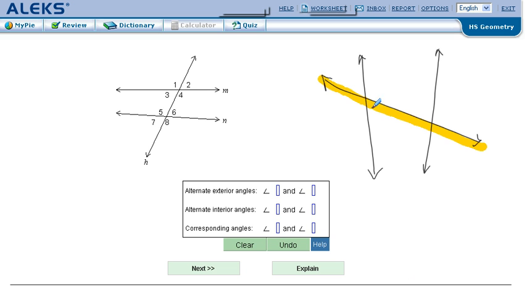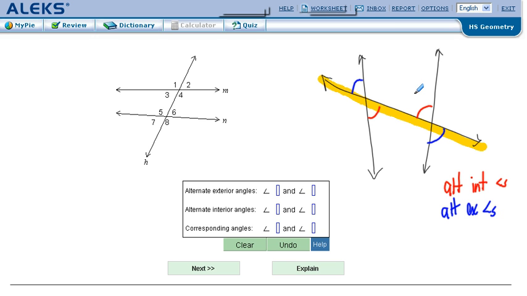When the angles are on opposite sides of the transversal, but still between the lines, we call that alternate interior angles. And then if they are on opposite sides of the transversal, but outside of the lines, that's called alternate exterior angles.